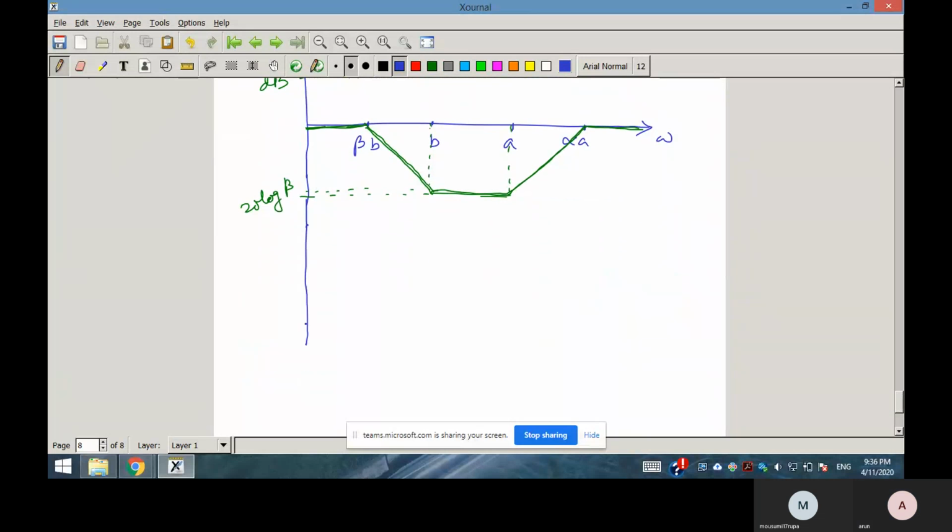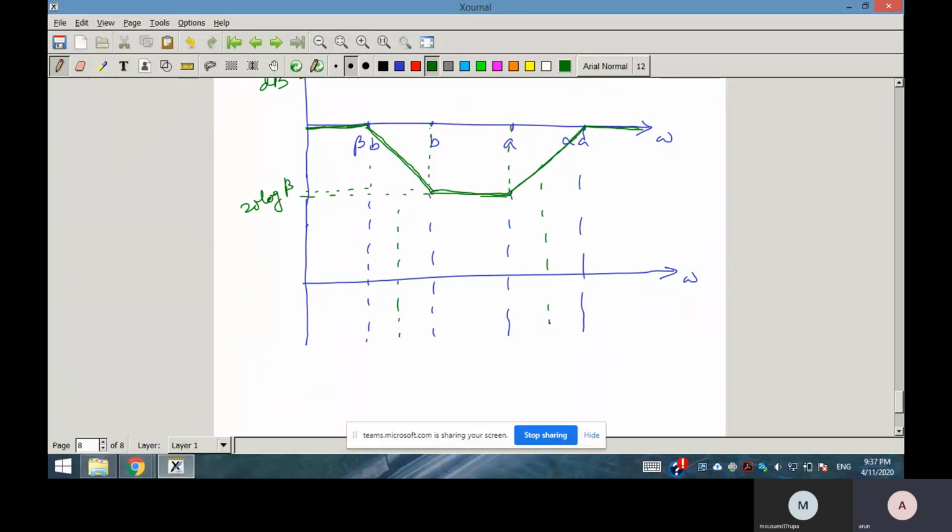Now, what is the phase plot? The phase plot is interesting. First lag, so the lag peak will occur somewhere here, and then the lead peak somewhere here.